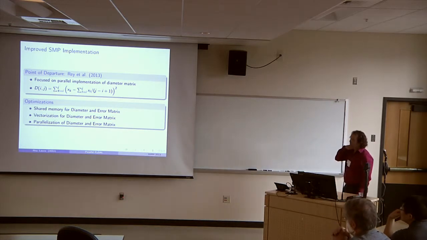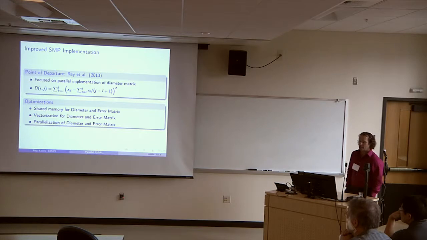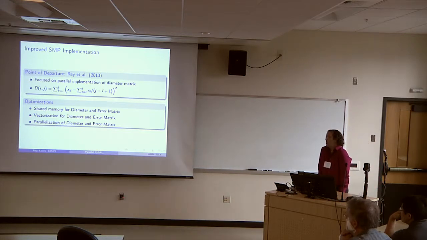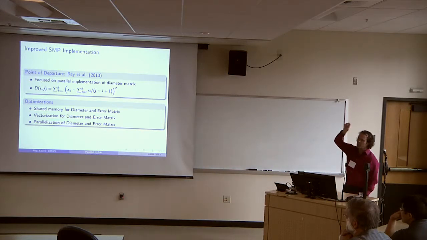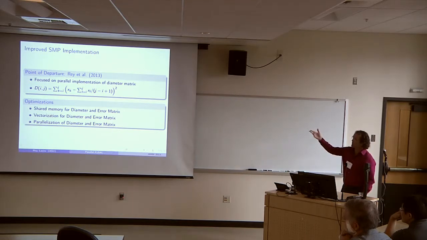So the initial parallel implementation of that algorithm from PySAL was to focus on the simplest part, parallelizing the diameter matrix. You can do that in parallel for each row, or if you want to load balance it, since we're only concerned with the upper triangle of the matrix, you can do it that way. So each cell in the matrix, that's the formula we need to deal with.